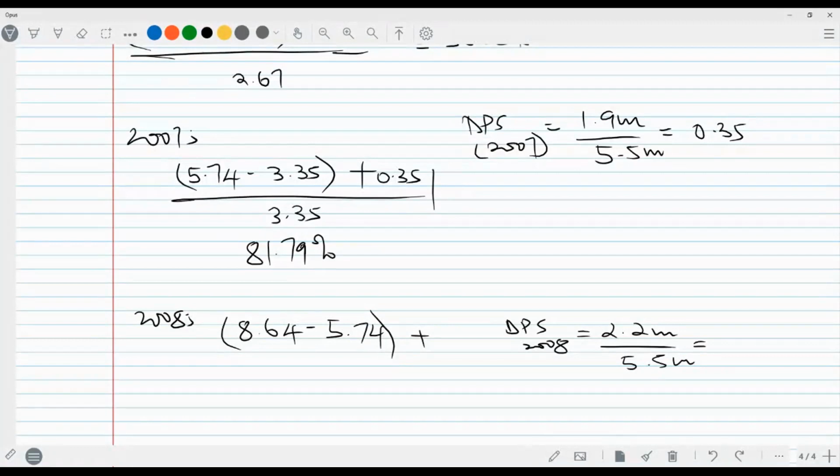That gives us a DPS of 0.4. So plus 0.4, we divide by the share price 5.74 in percent. That gives us how much?